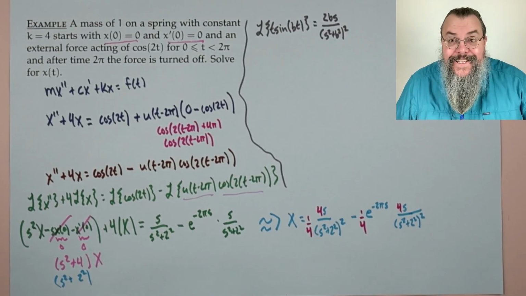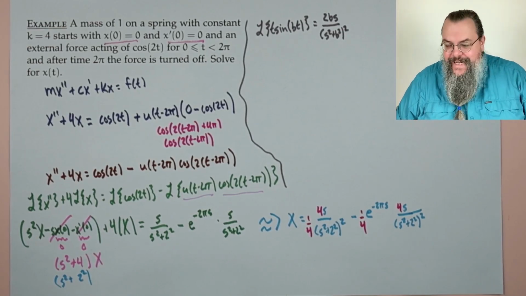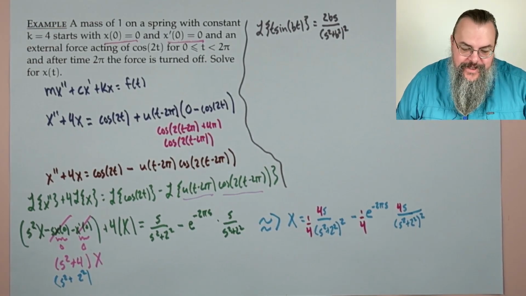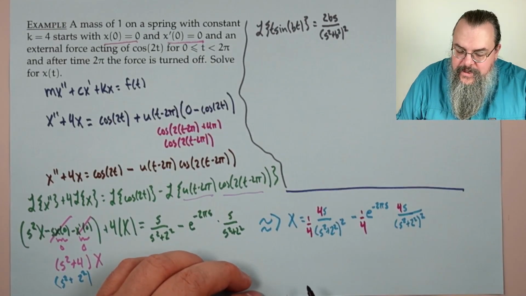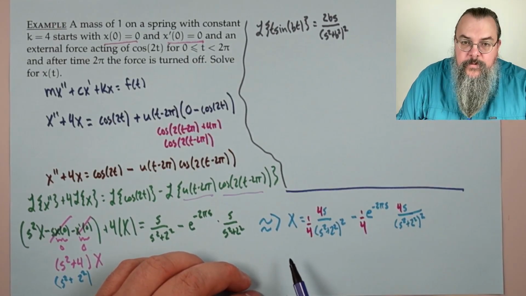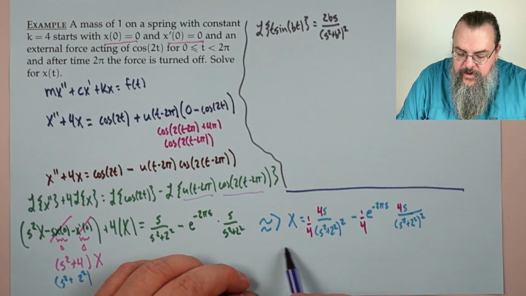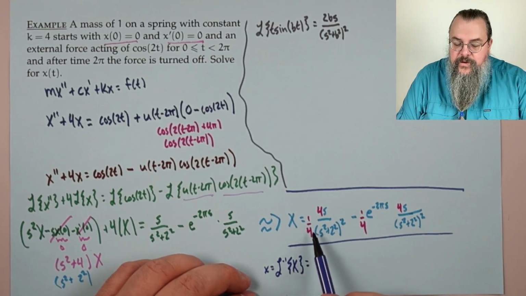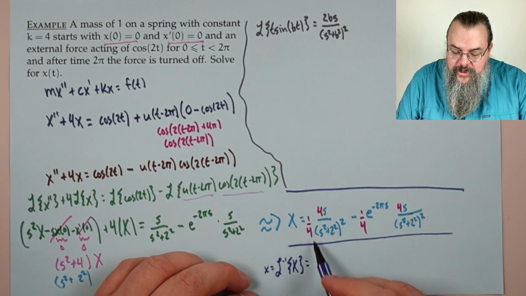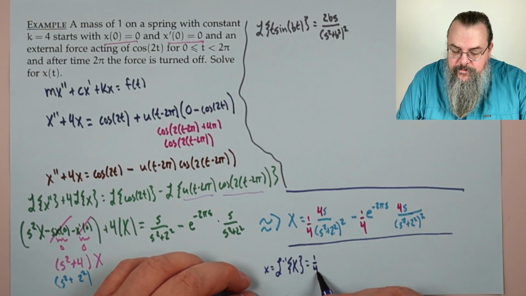Already? Yes! Isn't this great? Don't you just love it when an inverse Laplace comes together? Okay, let's see. Maybe we'll do it down here. So we have little x is the inverse Laplace of big X. Term by term, here we're going to get a 1/4.